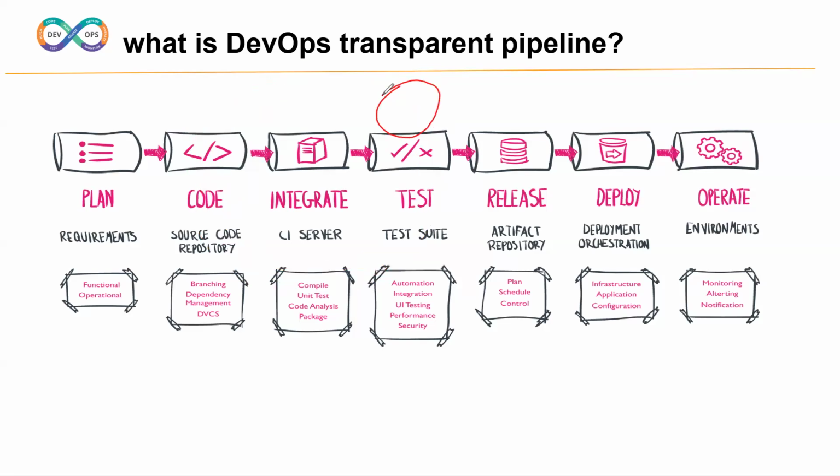Working software. What was the first question I asked you? What is an application? Working software written in any programming language, we call an application. So the working software is ready. Once it is ready, we deliver our application into the release.